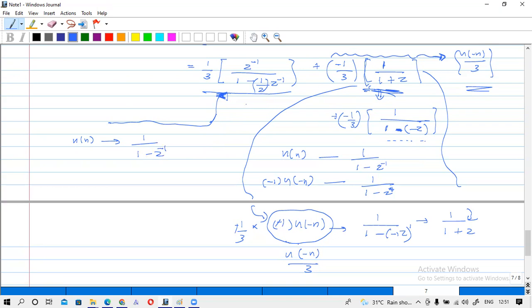Here I have a z minus 1, so that means I have shifted this by n by 1.